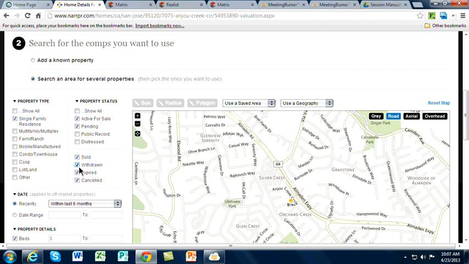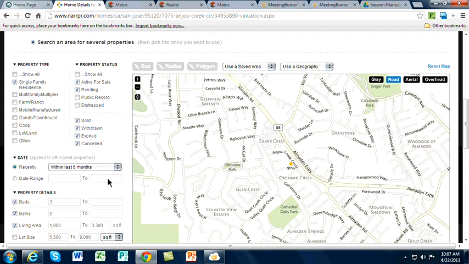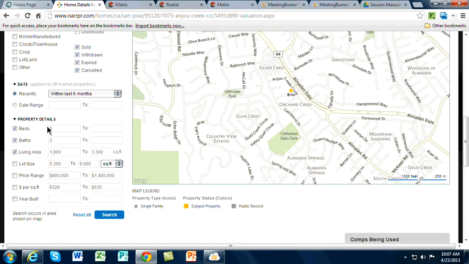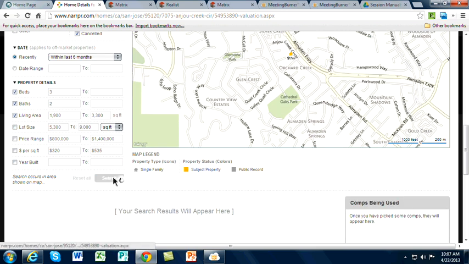So I oftentimes will include expireds and canceled and withdrawns, right? Because this shows what people weren't able to get, right? But we may not, and notice it says last 6 months, and it's given us this configuration. Notice it's done something similar to what I was doing automatically, right?